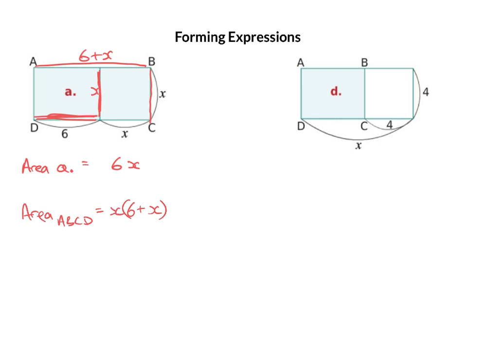Now in d, say I wanted the area of little d, the little d rectangle here, the one that's shaded. I'm going to go, what's this length here? Well, that length is going to be x minus 4, x being the total length of our big rectangle, take away 4, and then this length is 4. So the area of the little d is going to be 4 multiplied by x minus 4.